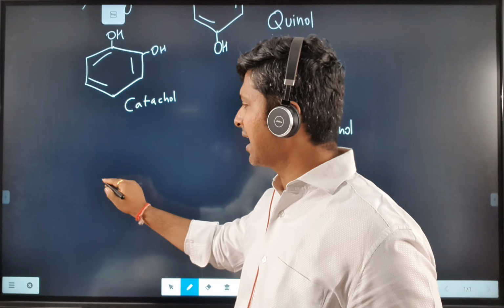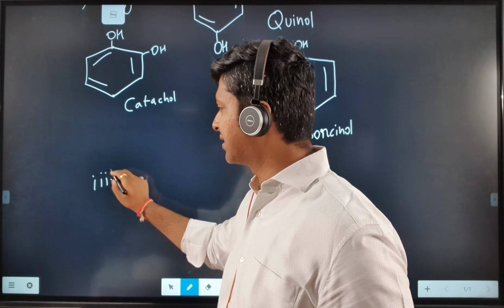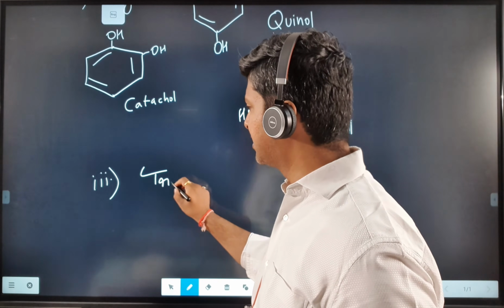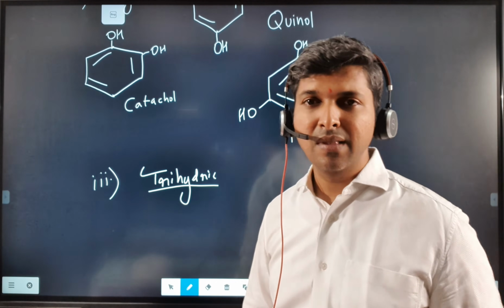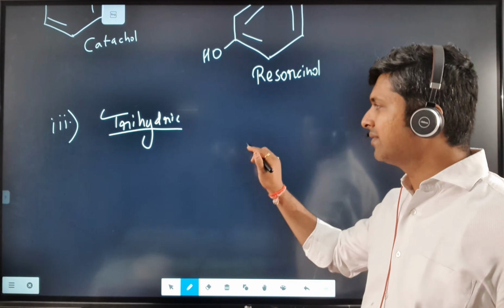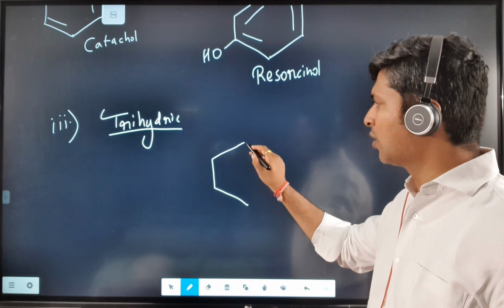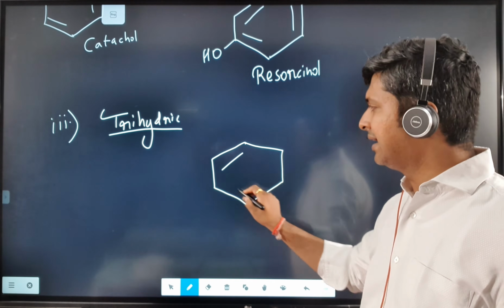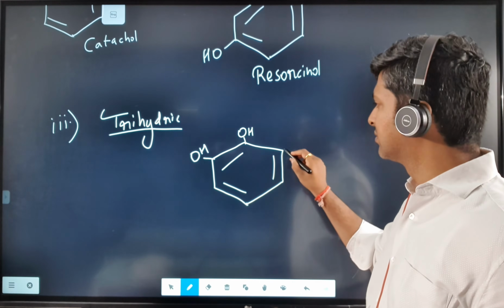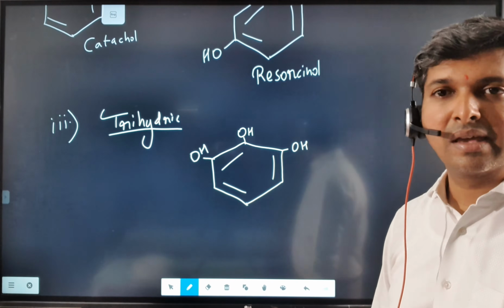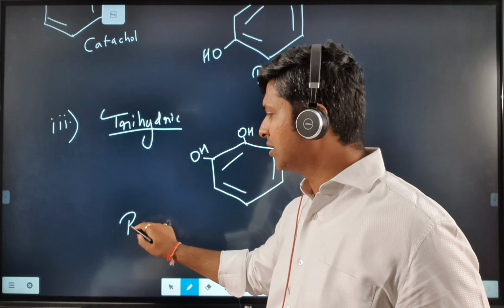Then after dihydric, we have the next category, which is trihydric phenol. Needless to say, trihydric phenols will have three OH groups in them. When we have three OH groups in trihydric phenol, it will look something like this. The name of this can be written as Benz 1, 2, 3.